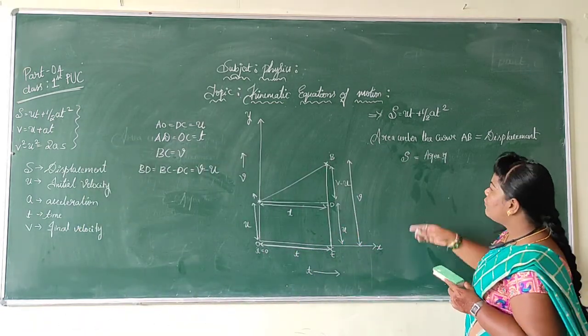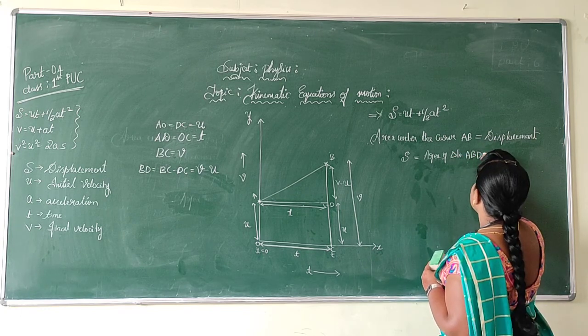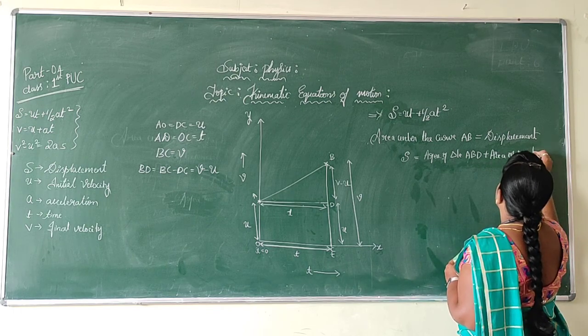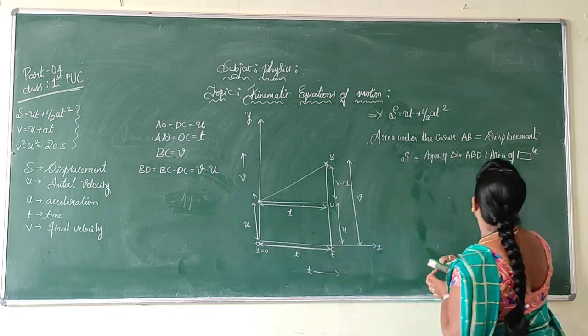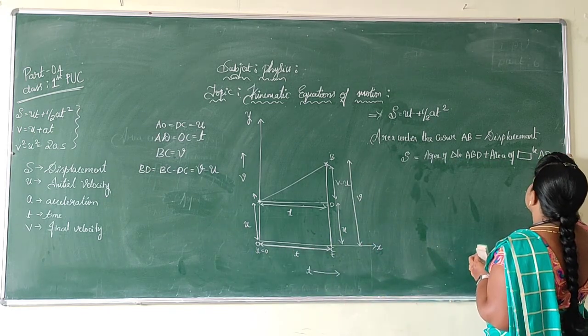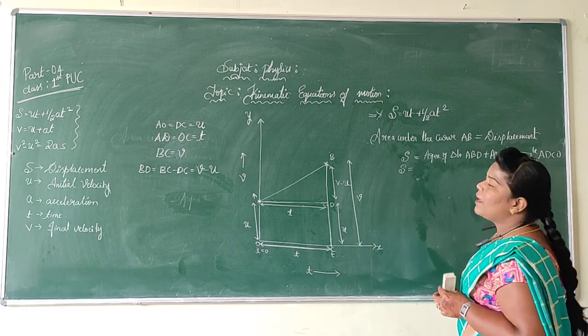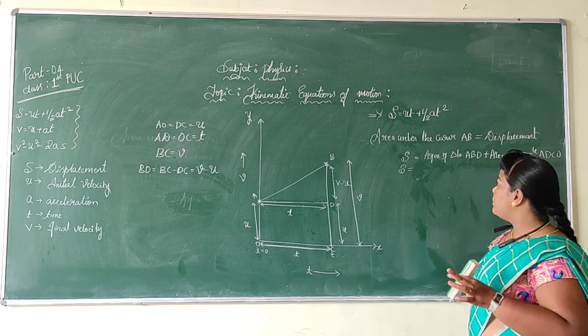So area of triangle ABD plus area of rectangle ADCO gives the area of ABCO. Now S is equal to, my dear students, here the area of triangle ABD.